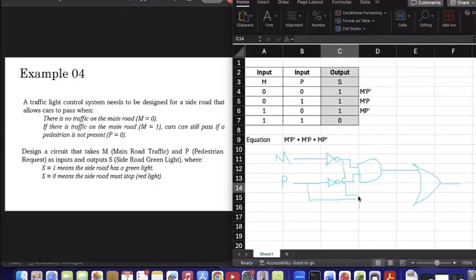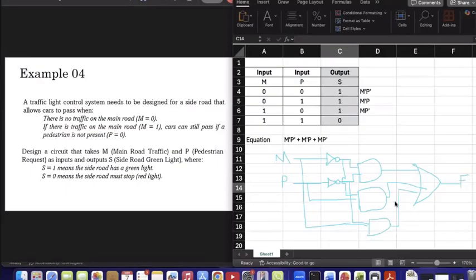What is my third value? M and P bar. So I take from here after passing through the NOT gate. These two are ANDed, which means multiplied, and this goes to my output F or X or whatever. If you implement this circuit, your traffic system is going to work.